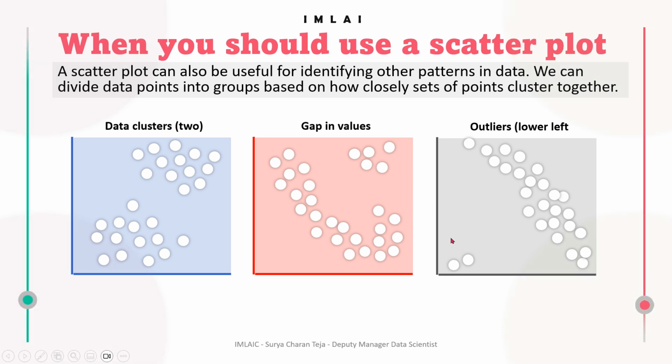But on the left side, there are two data points which are completely away from our relation, away from our trend or pattern. These are called outliers. So we can use scatter plots even to find outliers.